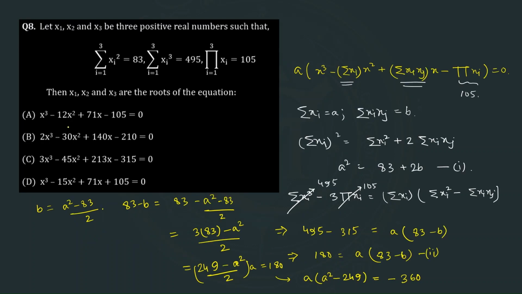So now if we check here, the first option is rejected. The second option is basically 2 times x cube minus 15 x square plus 70x minus something. But here it didn't match. So option B is also not correct. Let us check the third option. It is basically 3 times x cube minus 15 x square plus 71x minus 105 equal to 0.